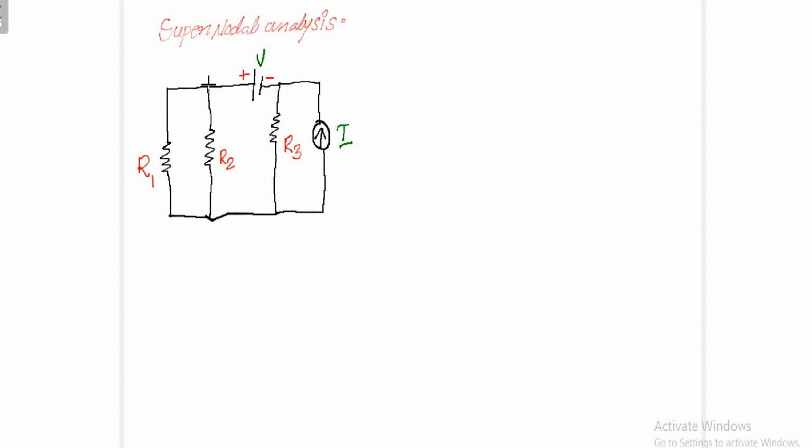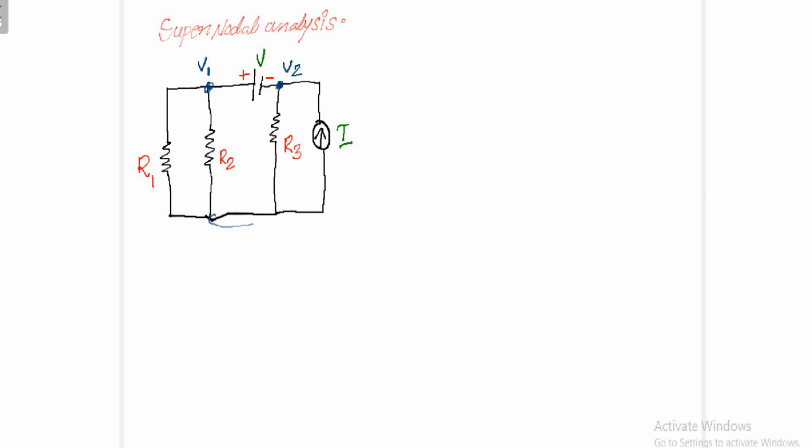So let us find how many nodes are there. So this is one node. Just assign this node voltage V1, and this is one more node, this is V2. So here we are having a common node.